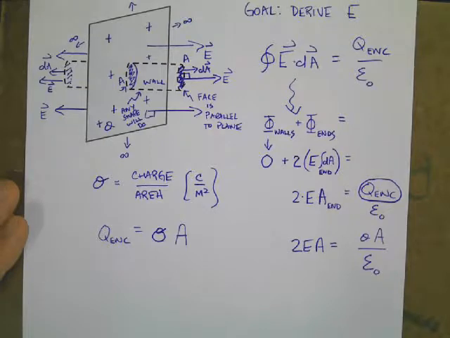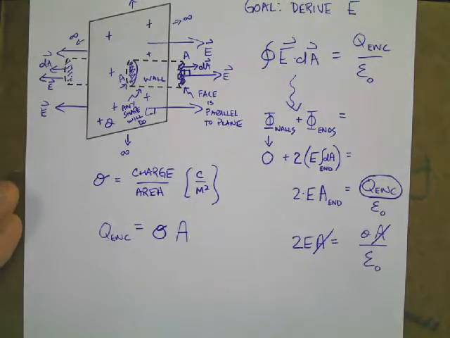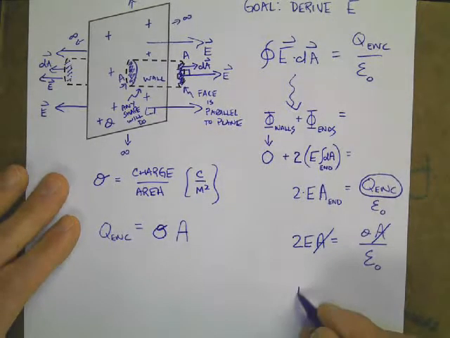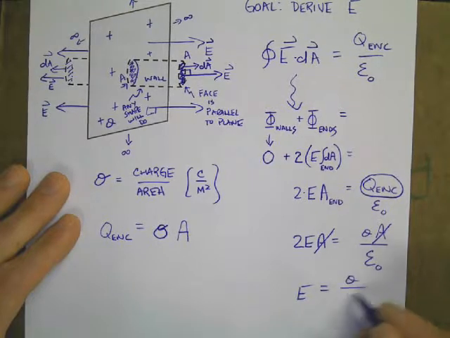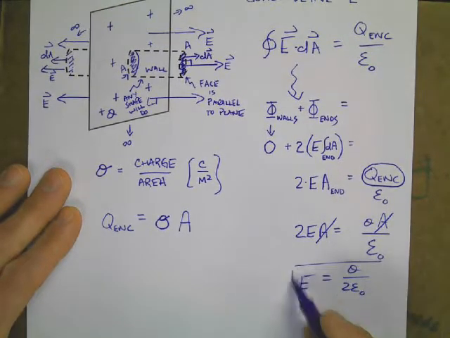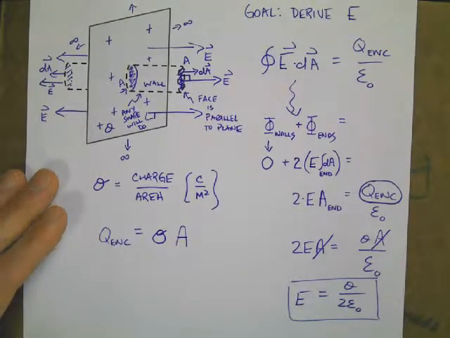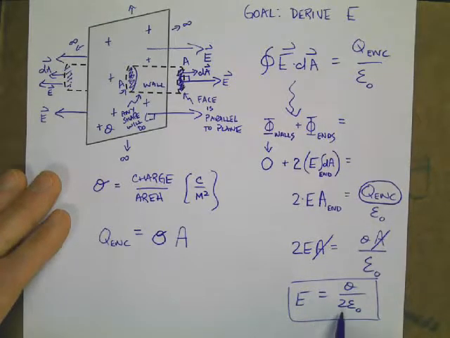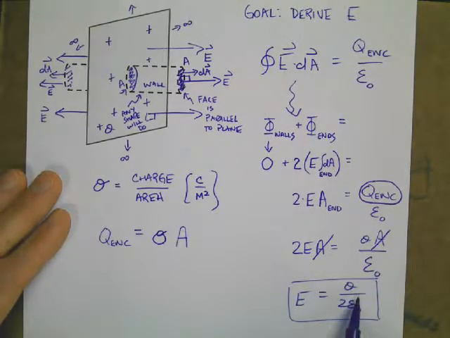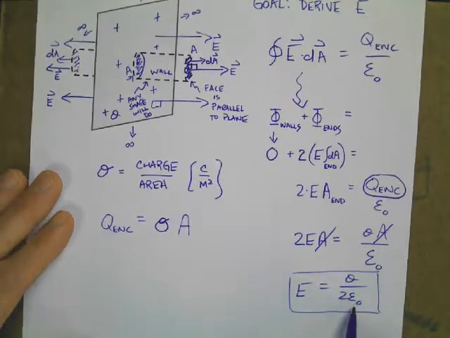And I think you can see that nice things happen because the area is really not important. So it cancels out. And our electric field turns out to be that nice result that we derived last week using a completely different method. So the electric field is equal to the surface density divided by 2 times the permittivity constant.